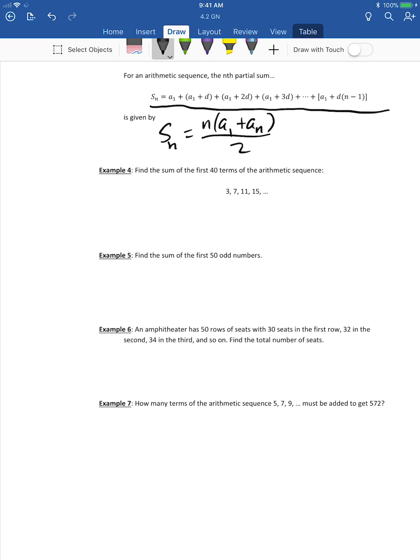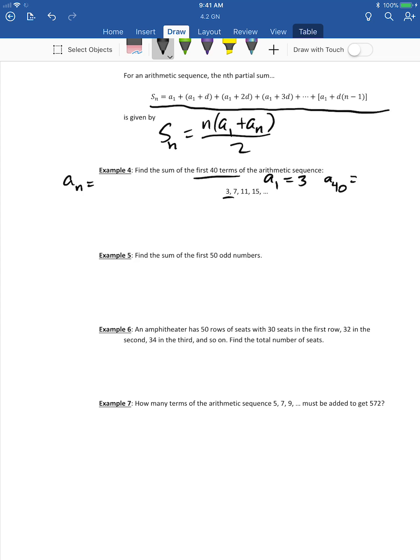Find the sum of the first 40 terms of this arithmetic sequence. First 40 terms, that means I'll need, from my formula, a1, which is 3, but I also need a40. I need the last term in that partial sum of the sequence. So how do I find a sub 40? Well, I'll use my nth term formula.